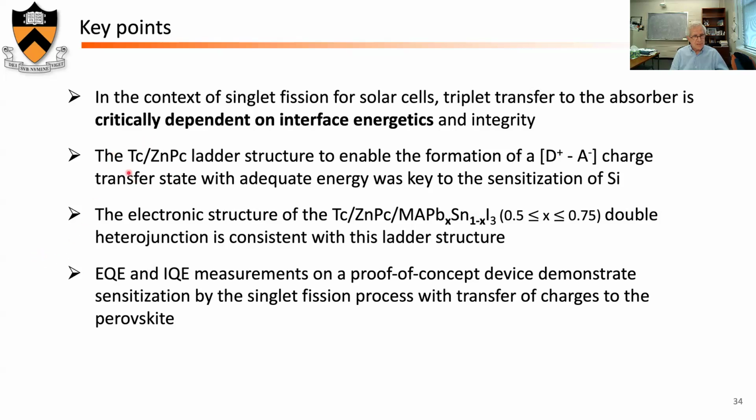So I showed you this concept of the tetrazine zinc PC ladder structure. We are quite happy with the demonstration, EQE, IQE, and others, of this first triplet transfer to a perovskite. Where it goes from here, I don't know, because clearly the field of high efficiency solar cells is moving toward the perovskite silicon tandem cells.